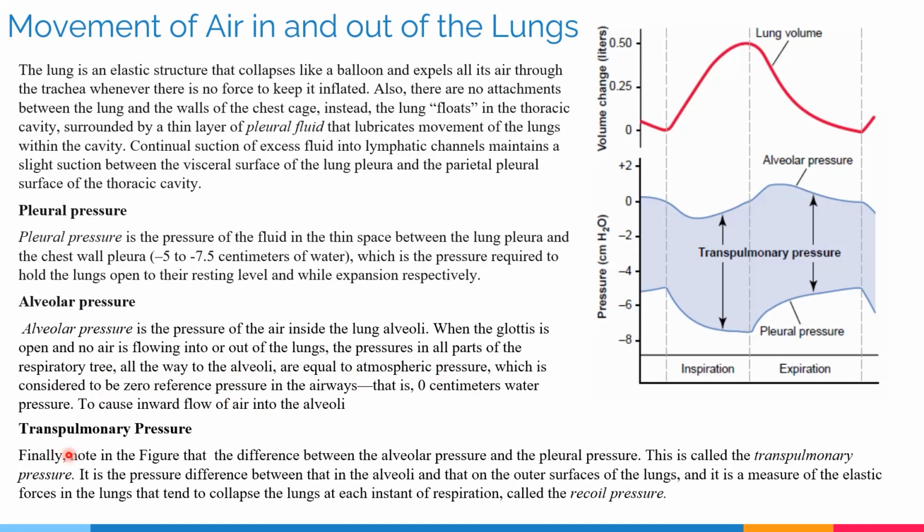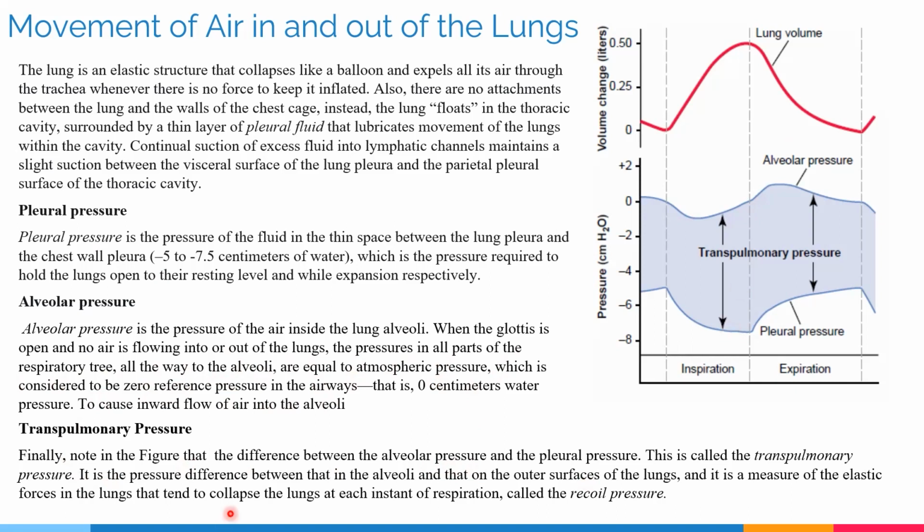Next, we look into the transpulmonary pressure. If we focus on the diagram itself, we'll note that the difference between the alveolar pressure and the pleural pressure is the transpulmonary pressure.